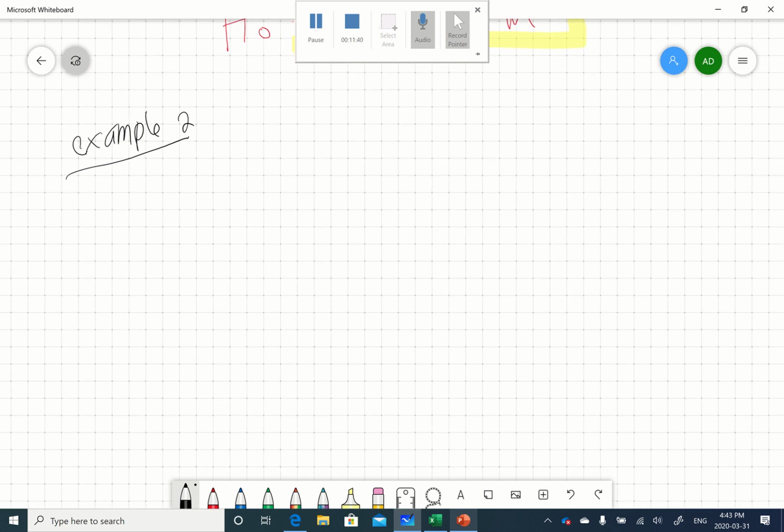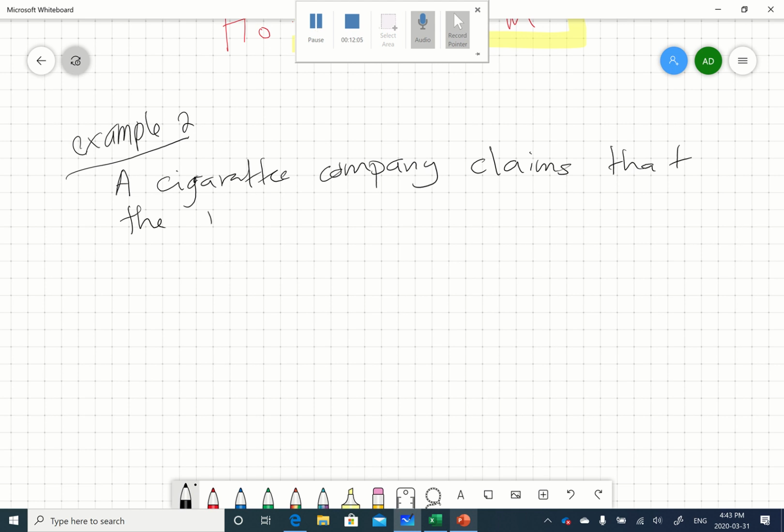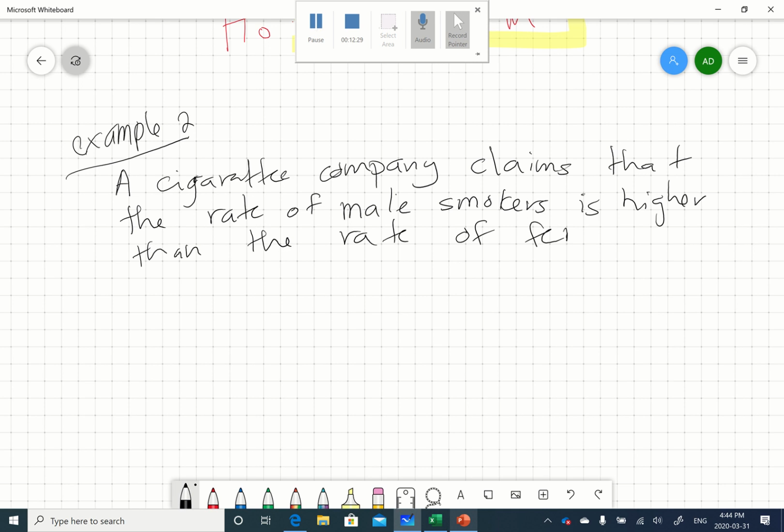Okay, so let's say a cigarette company claims that the rate of male smokers is higher than the rate of female smokers.